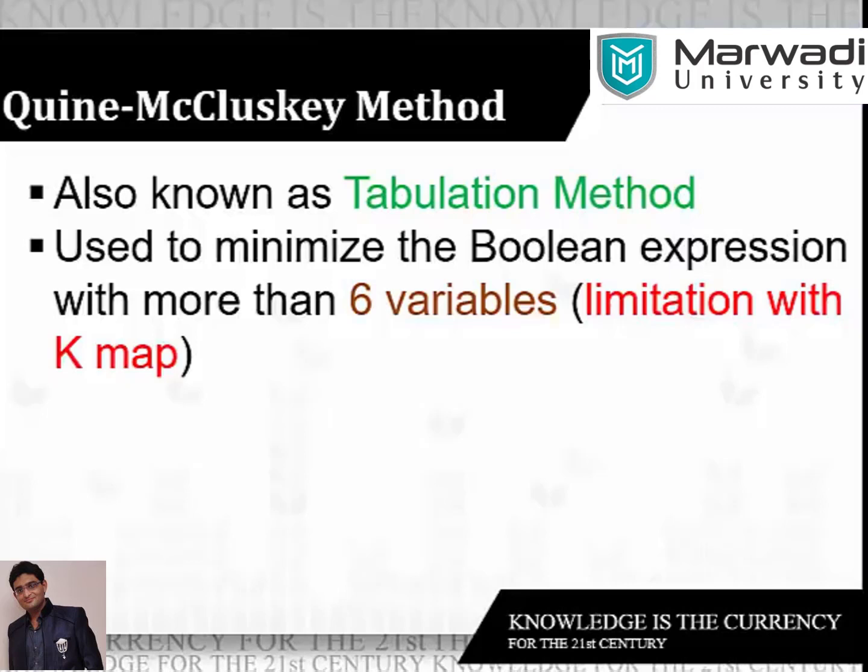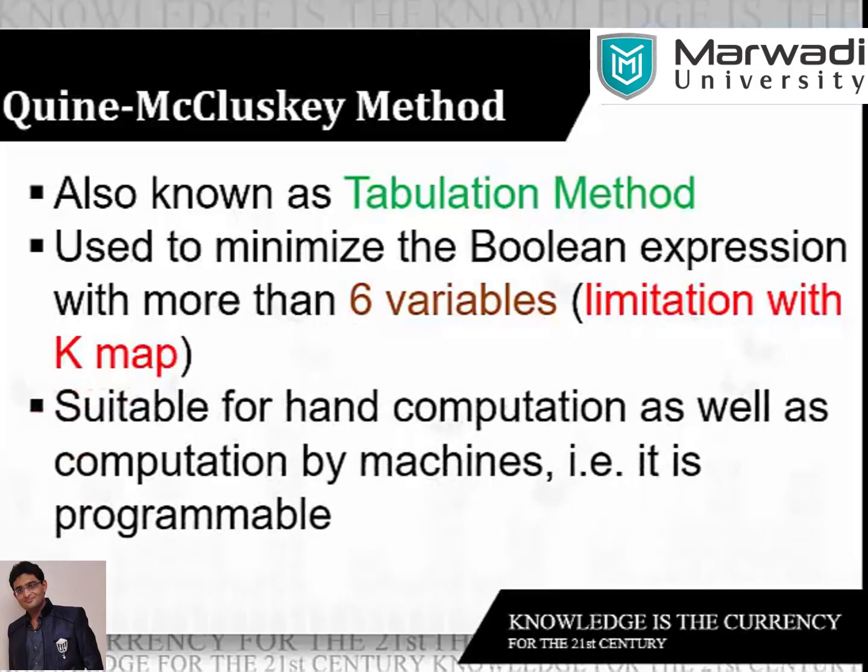The simplification of such expressions becomes complicated using K-map. Thereby, at that point of time, tabulation method is handy to be used. This method is suitable for hand computation as well as computation by machines, that is, it is easily programmable.